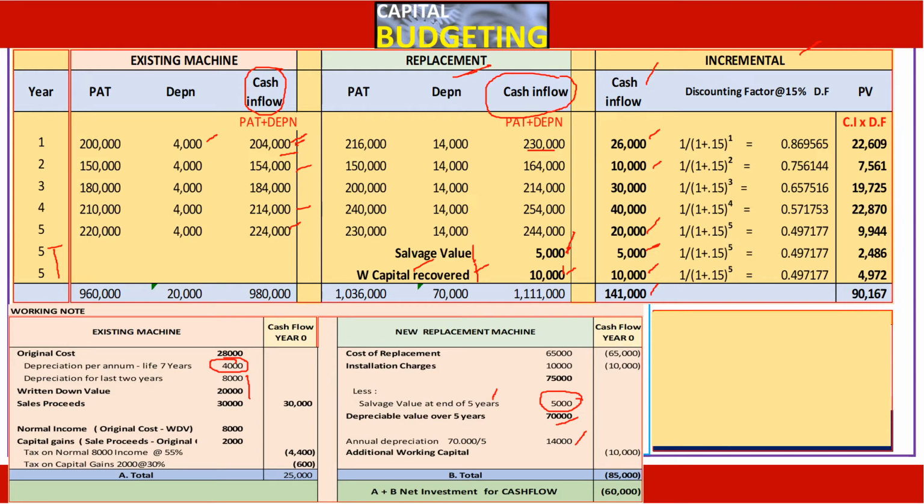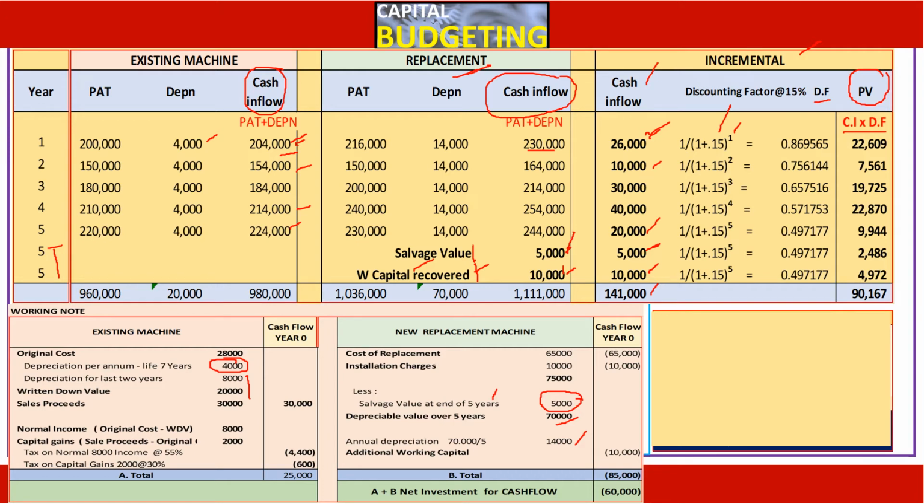And we are told the company's discount rate is 15%. It is simple. We have to find out the DF. We are supposed to get the current value, that is present value. Present value is nothing but future value into discount factor. We have seen that in the first year the discount factor will be 1 divided by (1 plus r) to the power of n.